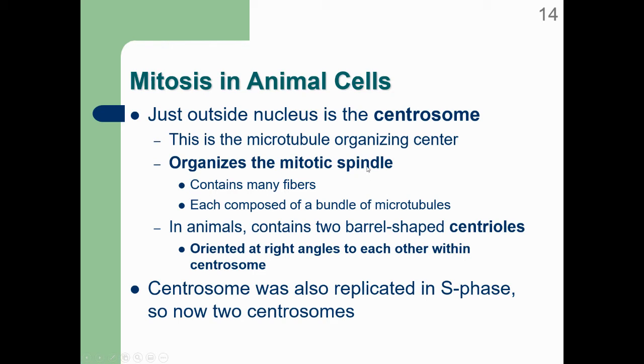These are the parts of the cell that are going to move and separate. They're going to latch on to those chromosomes and pull them apart, so lots and lots of fibers composed of microtubules. Those centrioles are only found in animals, not plants. When my chromosomes doubled, my centrosome was also replicated, both of those barrel-shaped centrioles. They continue to be perpendicular to each other, but now I have 2 of them.